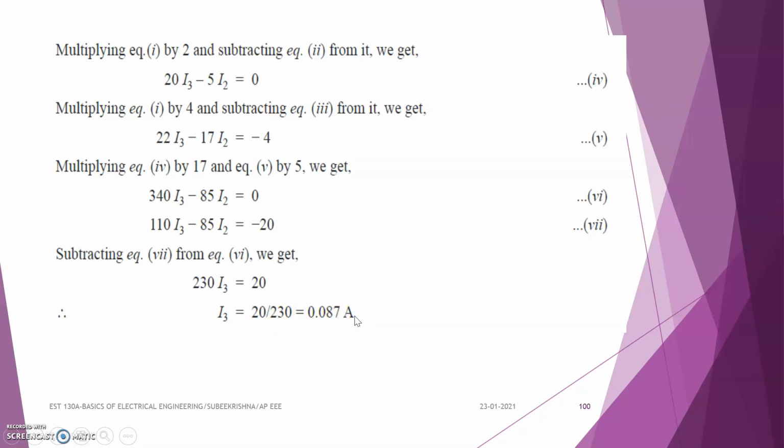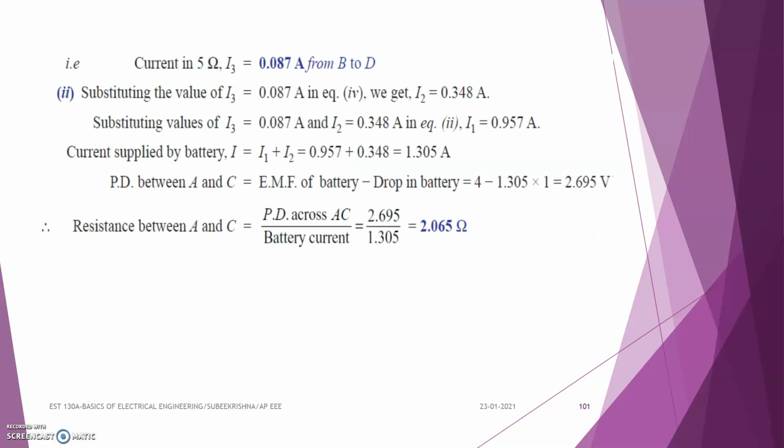That is the answer. Next we are going to substitute the value of I3 to get the value of I2. So after substituting the value of I3 in any one of those equations, we get the value of I2 as 0.348 ampere.